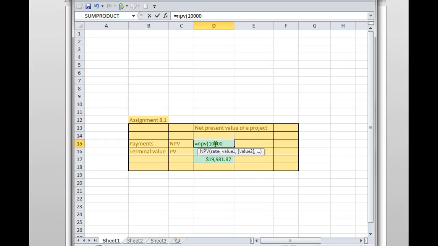So, first of all you have to put in the rate. And then you're just going to put each cash flow in the equation. So I need 5 10,000s and 2 15,000s.